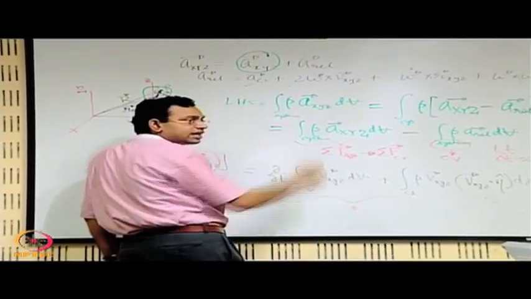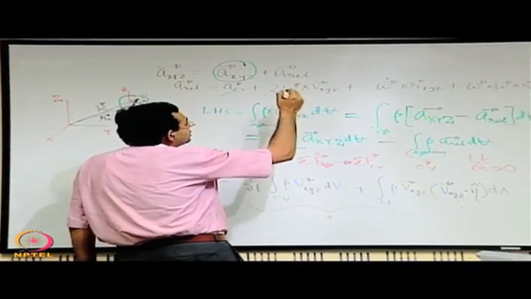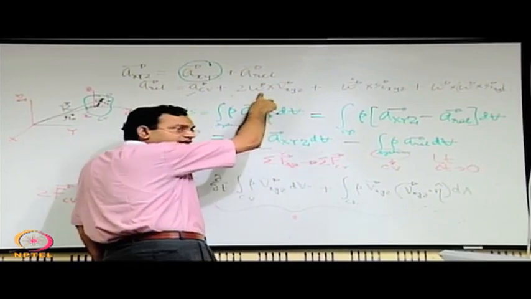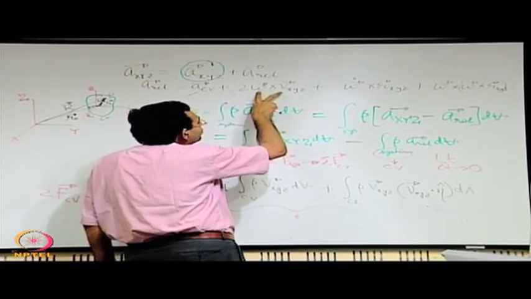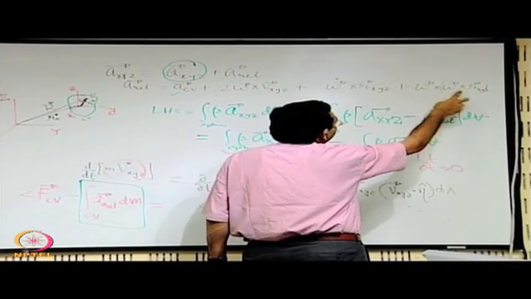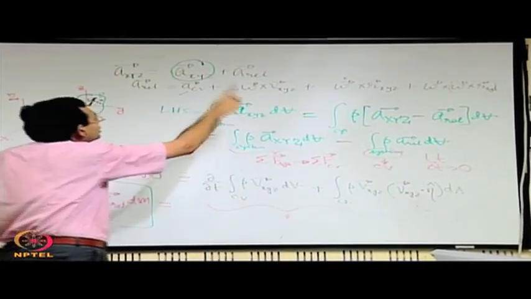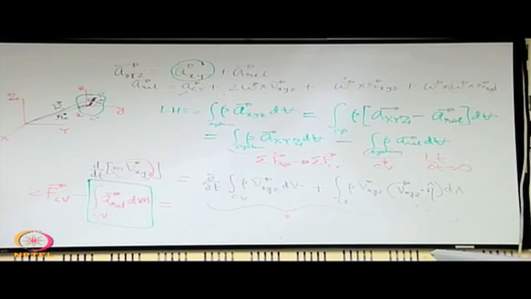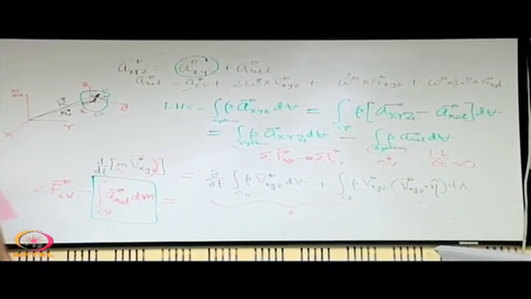This is directly related to the acceleration of the control volume. Wherever there is angular velocity, you expect that it is related to that. So, angular velocity, angular acceleration, and again angular velocity. These are all related to the nature of an accelerating reference frame.